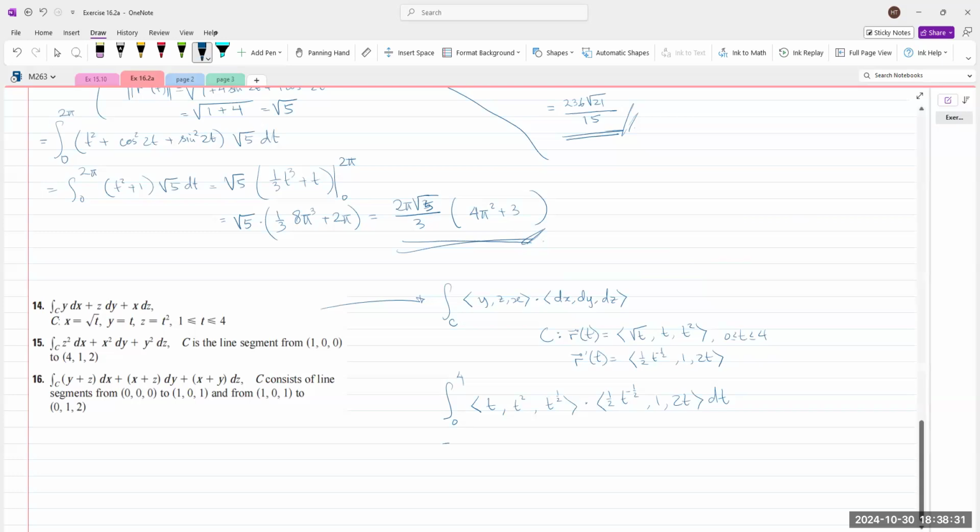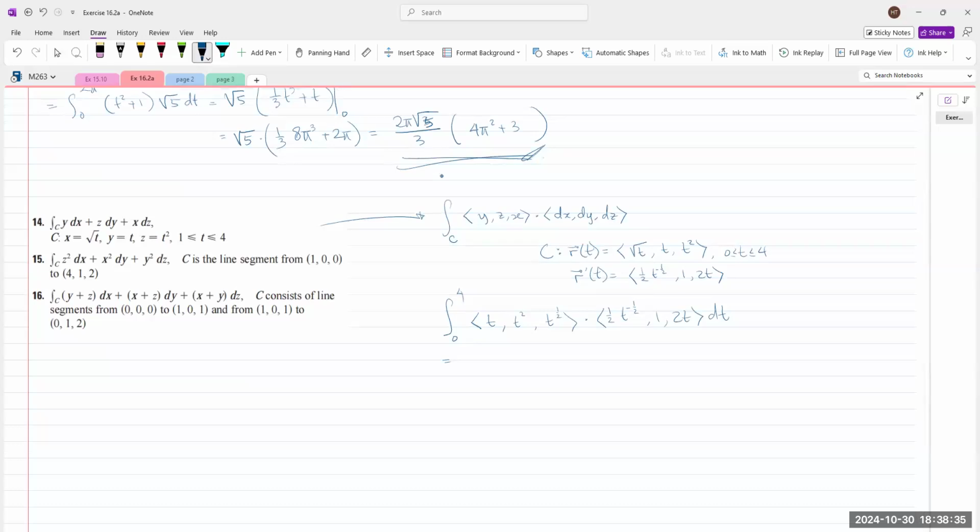I purposely write t to the negative power so that when I do the dot product, it's easier to compute. So I get 1/2 t to the 1/2 plus t squared plus 2t to the 3/2 dt. Now you know what I mean, right?